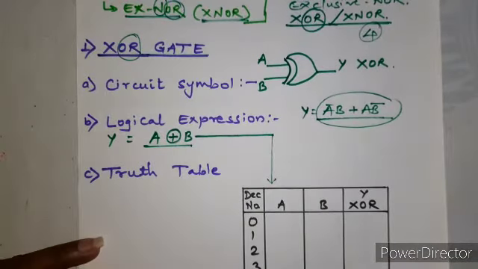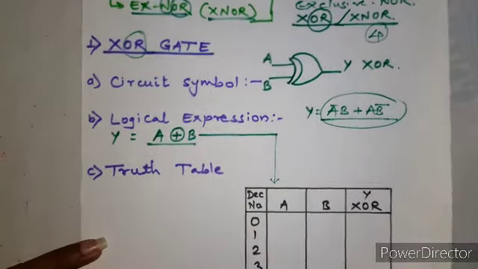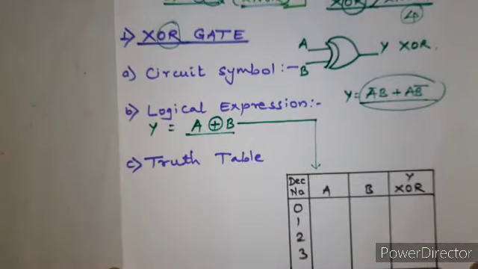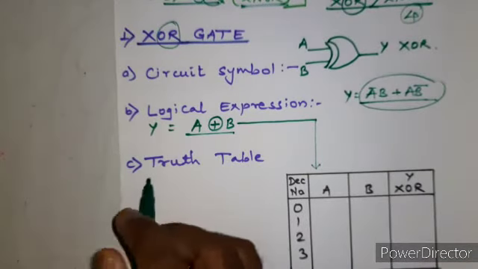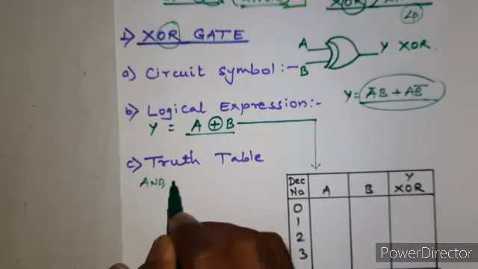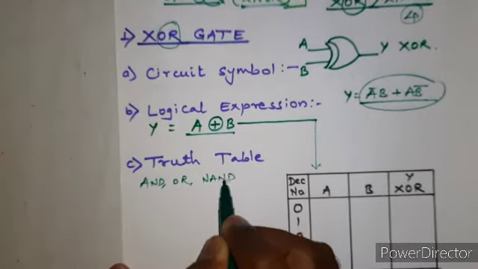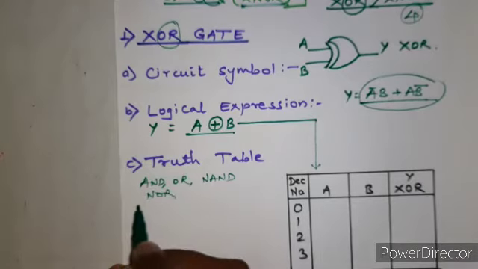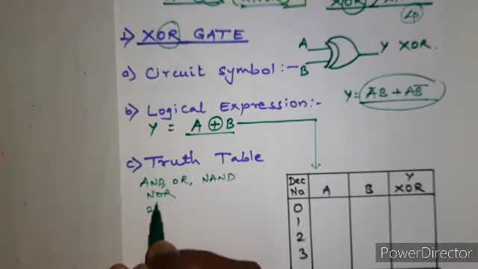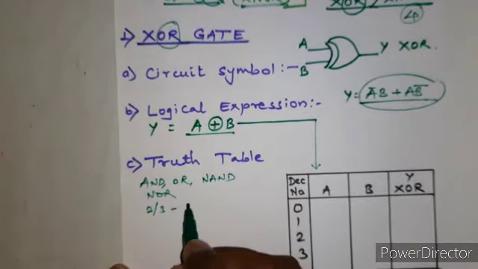Now the truth table. For the other gates like AND, OR, NAND, NOR, when we considered 2 input and 3 input, we had the same logic.